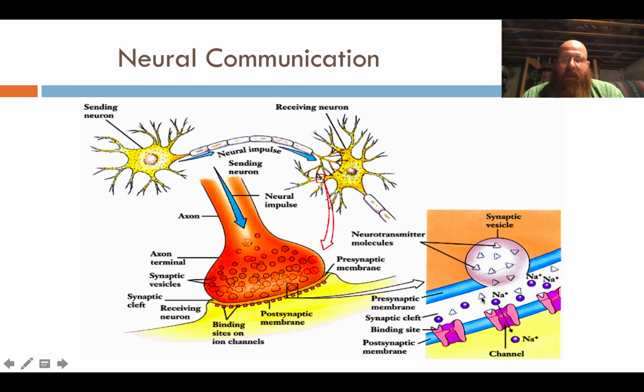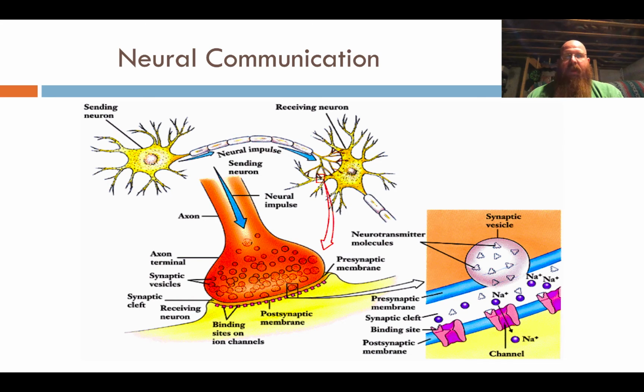So dopamine will enter the dopamine site, epinephrine will enter the epinephrine site, and so on and so forth. And when that goes in, then there's a decision that's made. These receptors will either fire or not, and then the process starts all over again on into the next cell.